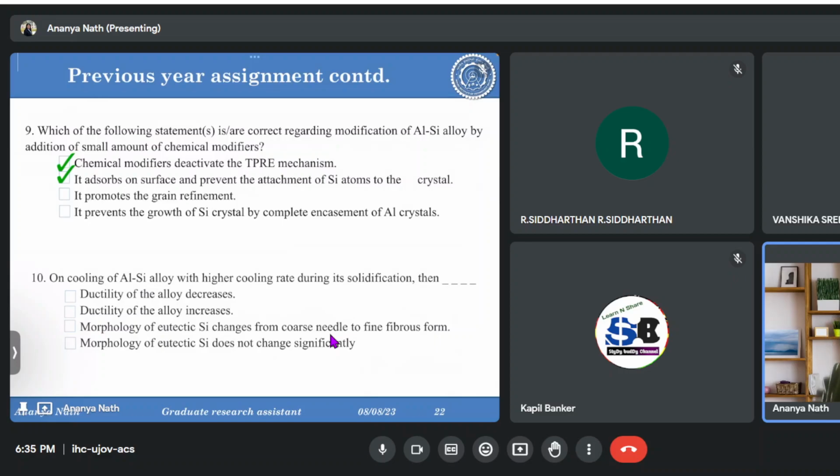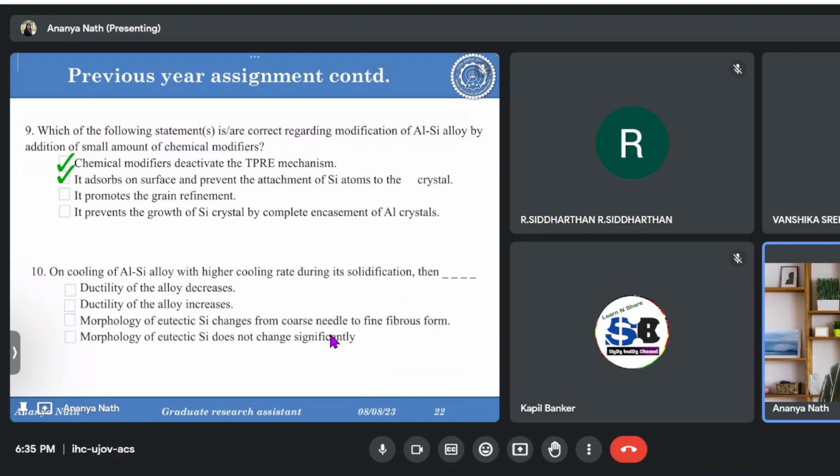As I said, the TPRE is not a theory. TPRE is a site which is the preferable site for silicon to grow. So chemical modifiers, if you are mixing, it will just deactivate, meaning it will change the growth site, and also it absorbs on the surface and prevents the attachment of silicon atoms to the crystal.